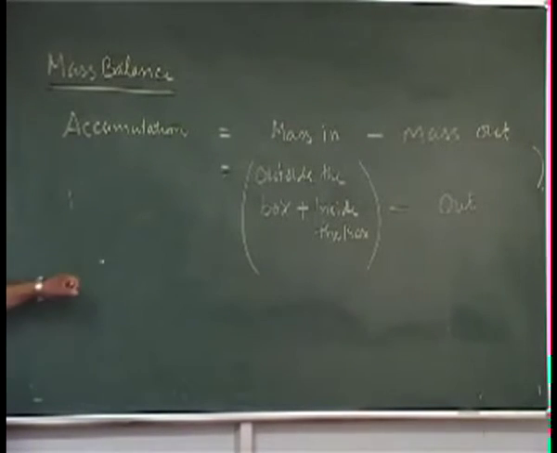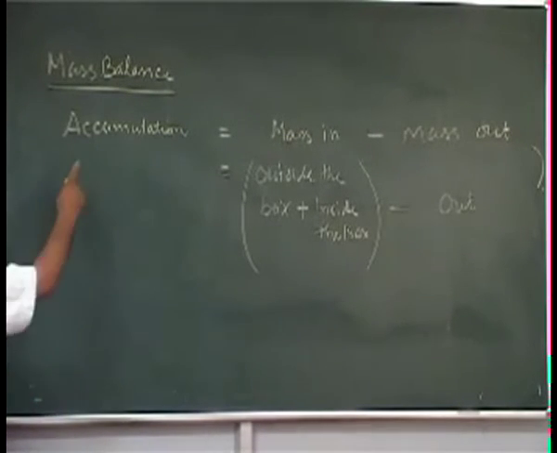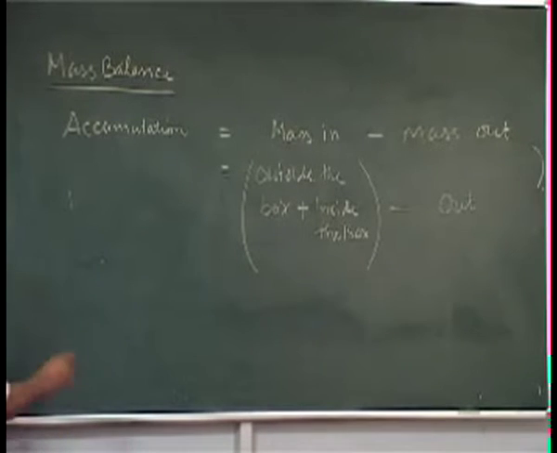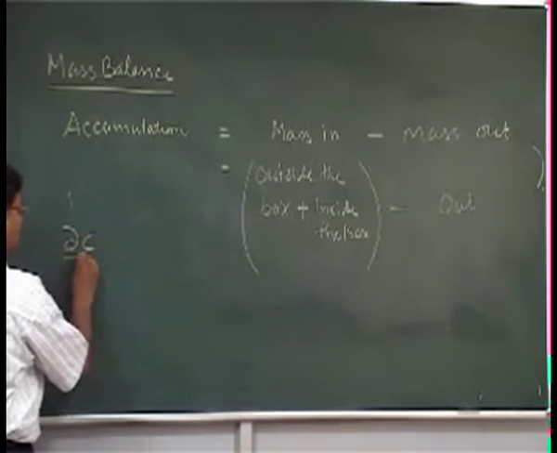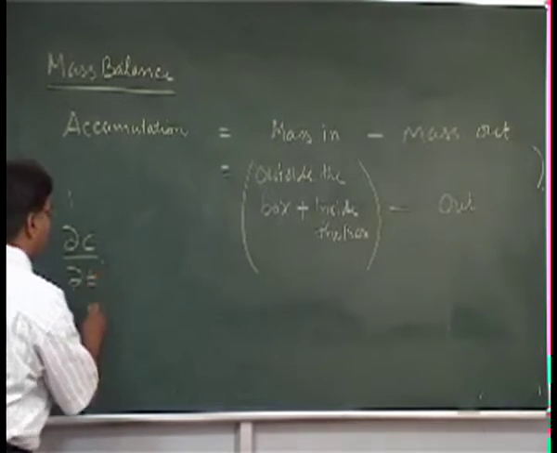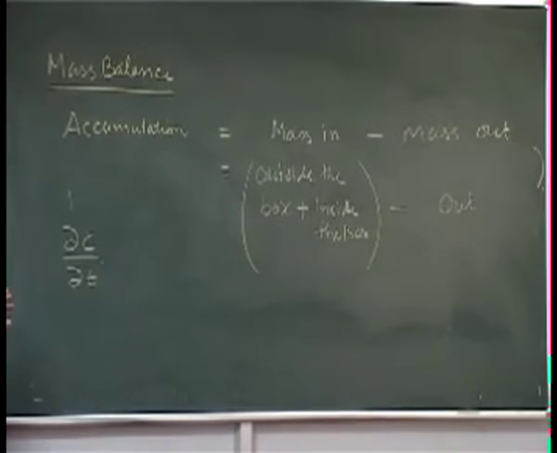So let's write this one. Accumulation will be change in concentration, but the unit should be mass per unit time. On these units I have whatever, microgram per meter cube. Suppose I say this length is unity. I can have n number of boxes, and things will be very similar.